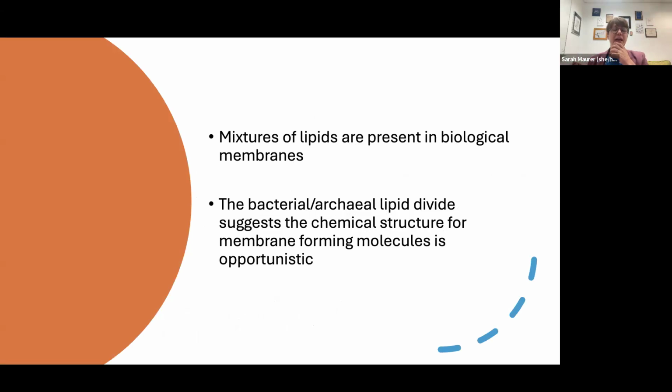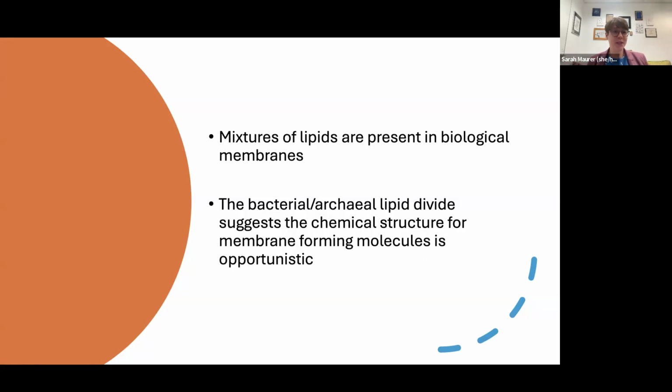Yeah. And so I guess that is an observation that if we are going to make a synthetic biological membrane, we likely want a mixture of lipids for that, including for the origins of life. And there's something interesting about there being such a big divide between bacteria and archaea in thinking about an evolutionary process, which indicates that a biological system that needs a membrane is going to use whatever is most convenient, probably metabolically, but that the membrane itself has a function.